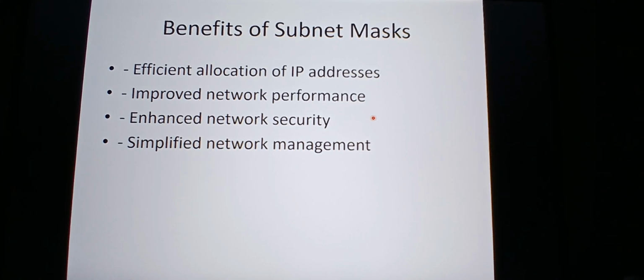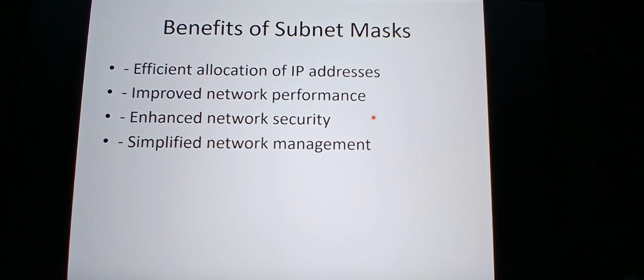So let's talk about some benefits. Subnet masks are very efficient in allocating IP addresses, which basically means that it reduces waste by allowing organizations to allocate smaller subnets for specific needs, thus conserving addresses for larger networks.